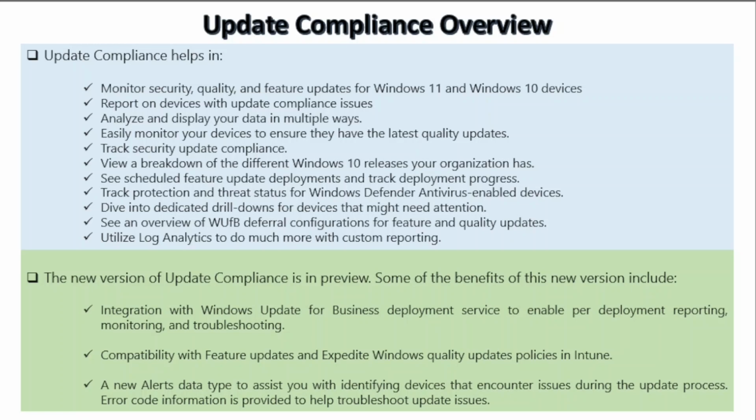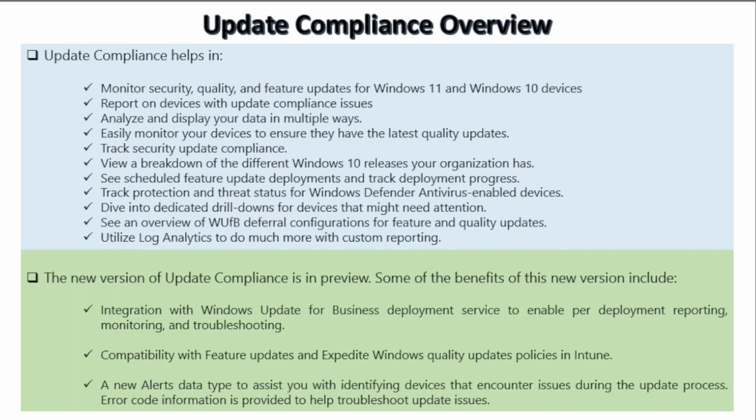Update compliance helps in monitoring security, quality and feature updates for Windows 10 and Windows 11 devices. Report on devices with update compliance issues. Analyze and display your data in multiple ways. Easily monitor your devices to ensure they have the latest quality update. Track security update compliance. View a breakdown of the different Windows 10 releases your organization has.